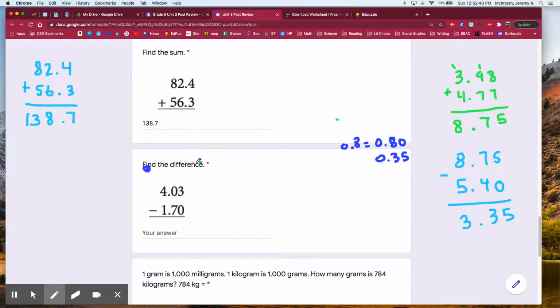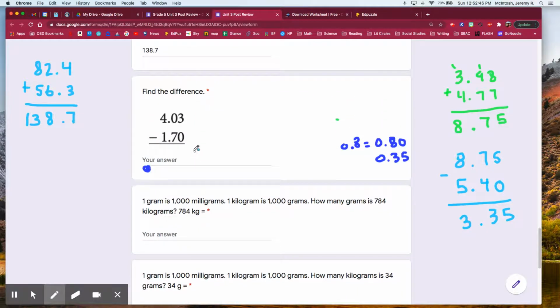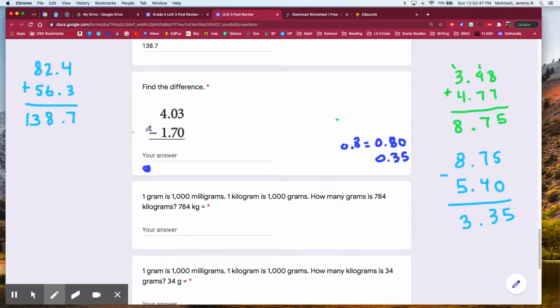Okay, double checking that. All right, find the difference. The difference is the answer to a subtraction problem. I'm not going to do this one in my head. We'll put this one on paper. 4 and 3 hundredths minus 1 and 70 hundredths, or 7 tenths. 3 minus 0 is 3. I cannot take 7 away from 0, so I need to regroup 1 from the 4.